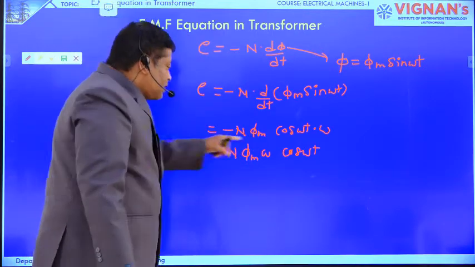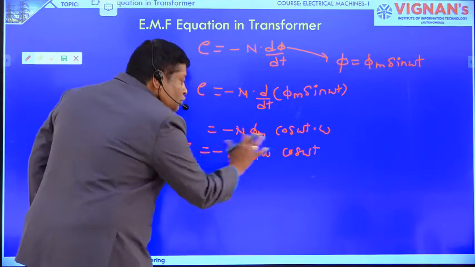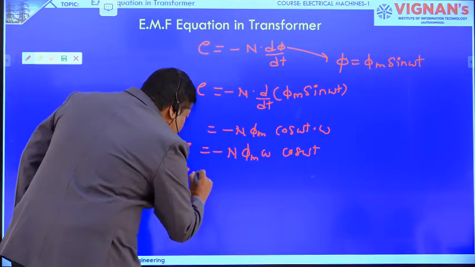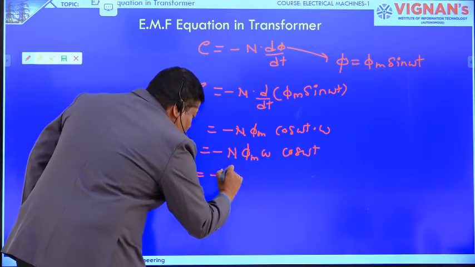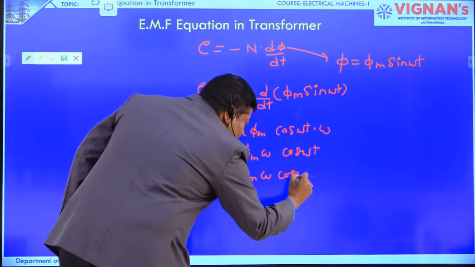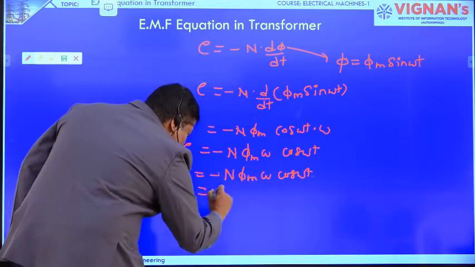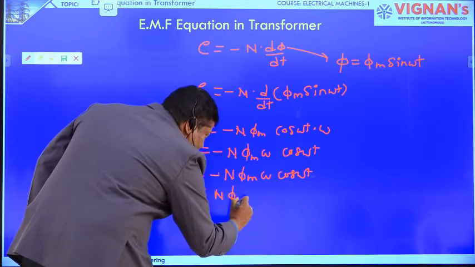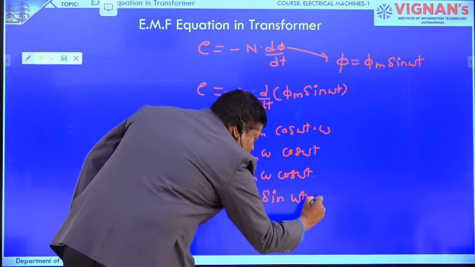Now we represent the same function in terms of sine without changing its value. E equals minus N φm omega cos omega t, the same equation. We change it to E equals N φm omega sine omega t minus pi by 2.